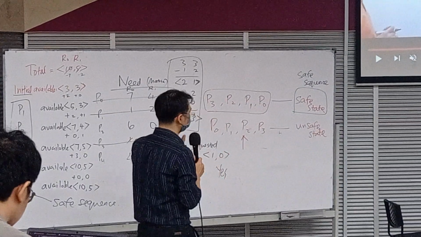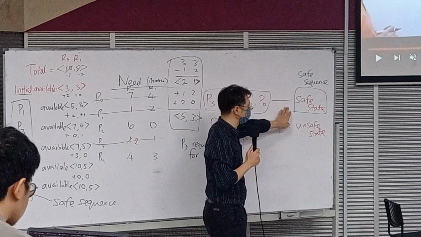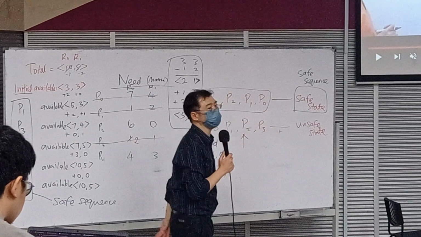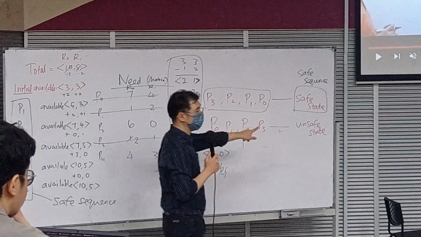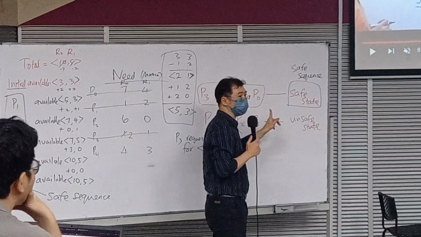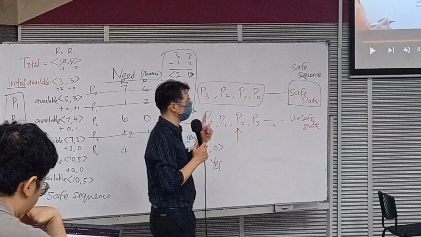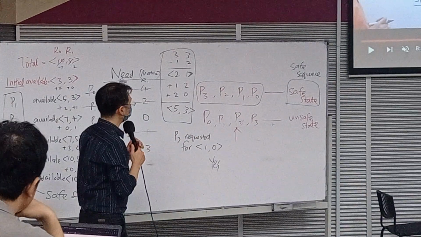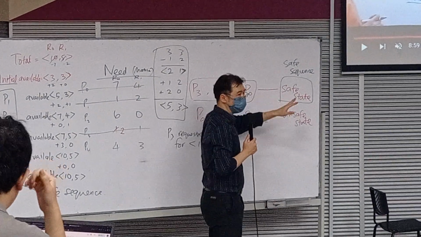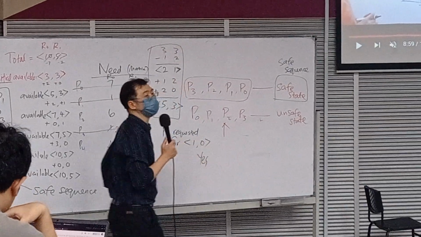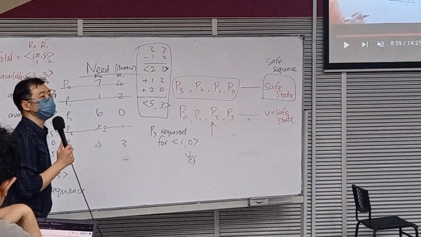When it sees that there's no safe sequence or safe state, it will not grant the request, because if it grants, it will be unsafe and therefore potentially risk deadlock. So when it grants, it means that you already know it will never encounter deadlock at all. Alright? Is that clear?